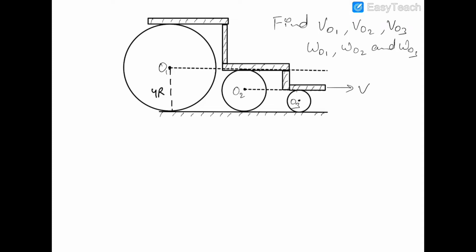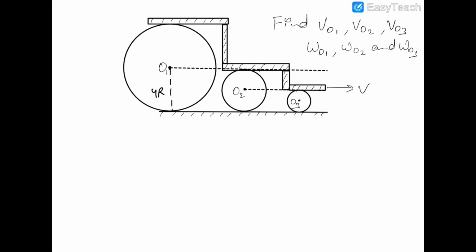Now we can see that the velocity of the top point of each of them is v, because this plank is a single plank which is moving with velocity v and it is in contact with all of them, and at no contact slipping is occurring. So at all the contacts rolling is occurring, and therefore the velocity of top point of all of the rings is v.